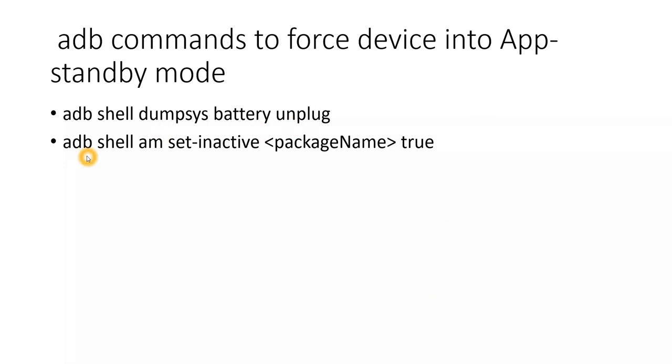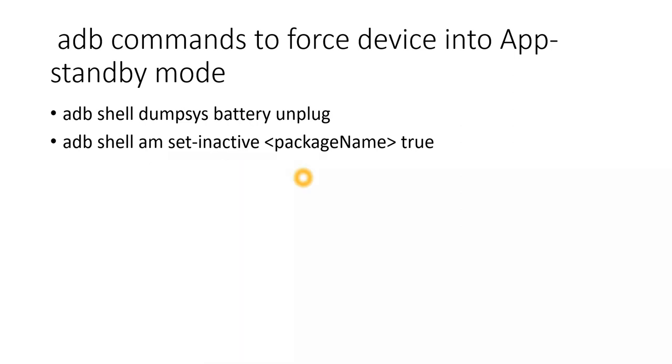After that, this is the main command used to force the device into app standby mode: adb shell am set-inactive. I'm making my application inactive so that my app will not consume extra battery. When my app does not consume extra battery, my battery life will be improved, which will make the user happy, as they need not keep charging their phone every now and then.